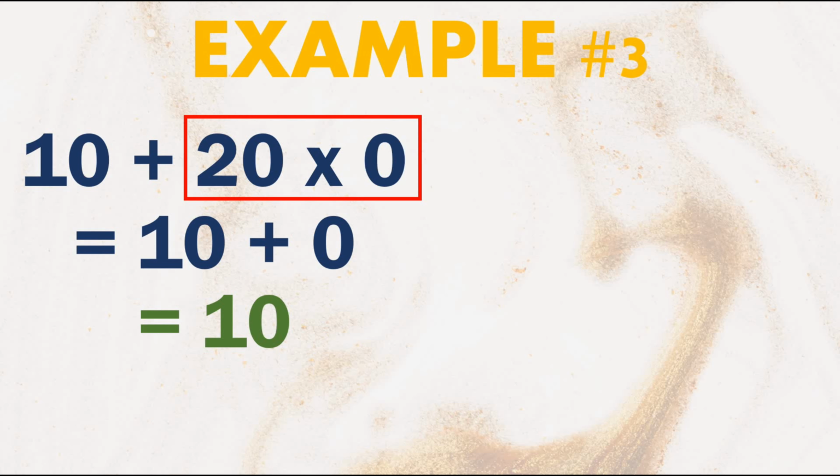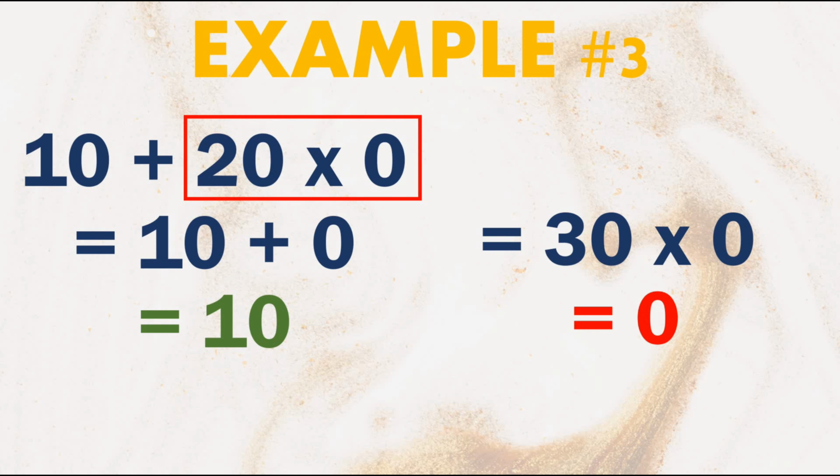Avoid just doing left to right. Some of you may do 10 plus 20 is 30, times 0, and the answer is 0, and that's incorrect because it doesn't follow PEMDAS or the right order of operations.